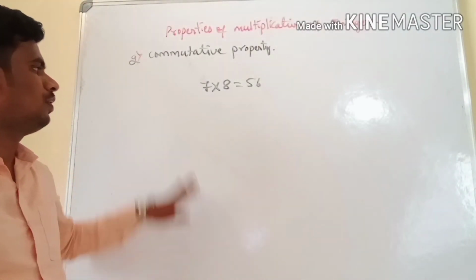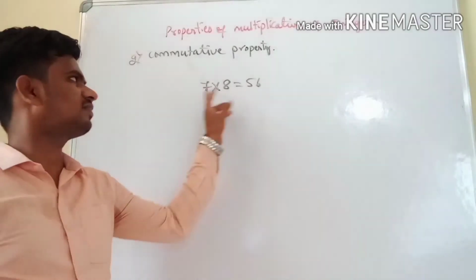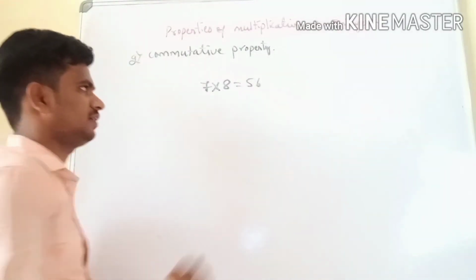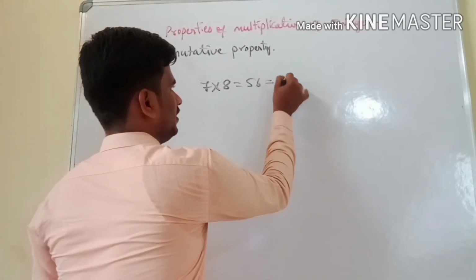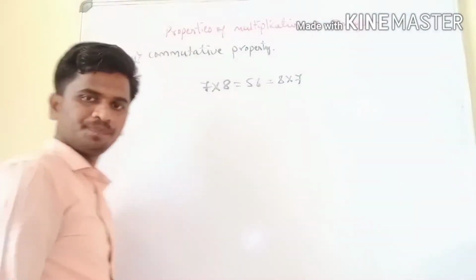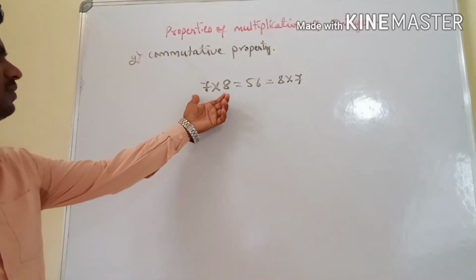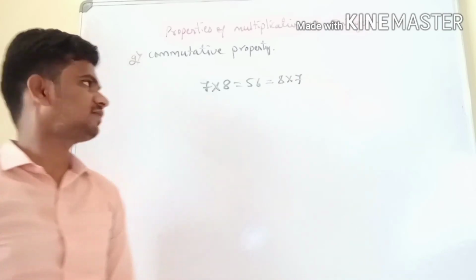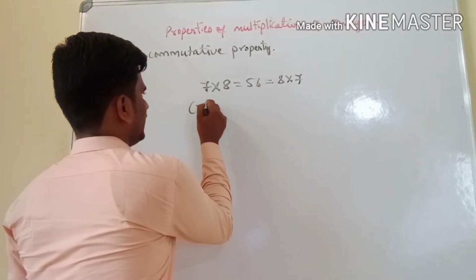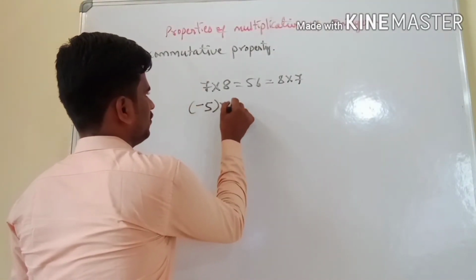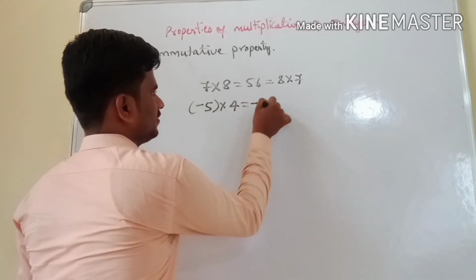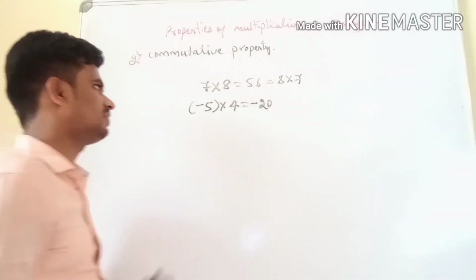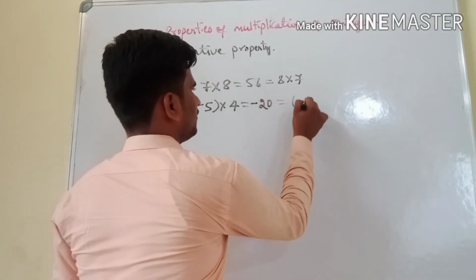Here we can write 56 as 7 into 8 as well as 8 into 7. Both are the same, because 7 into 8 is 56 and 8 into 7 is also 56. Next, minus 5 into 4 is minus 20. We can write this as minus 4 into 5 also.